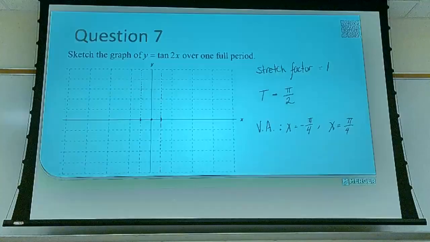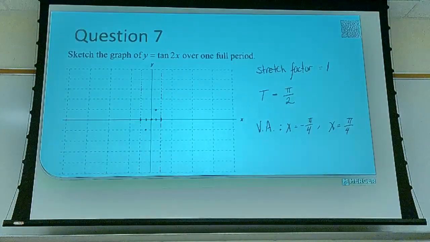Well, then it's going to be about halfway between the asymptote and the origin. I don't know, maybe right about there. It'll be pi over 8. Tangent is equal to 1 at that point. That would probably be minus pi over 8 there. Tangent would be negative 1. And then the behavior is still the same. On the right-hand side of the asymptote, it goes down to minus infinity.